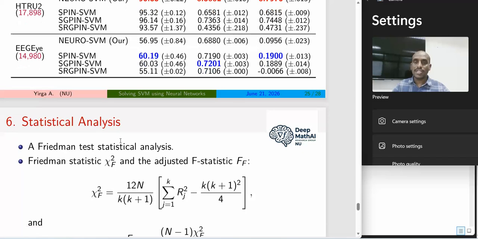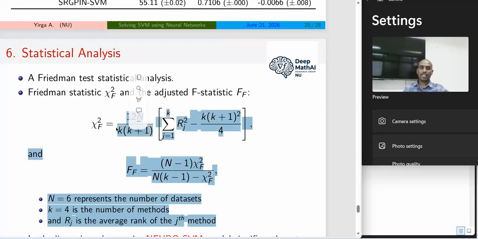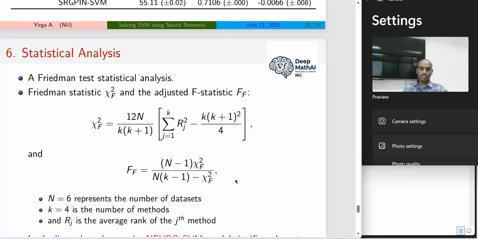To show the statistical significance of the difference, we performed a statistical analysis using the Friedman test. This is the formula for the Friedman test, followed by the Nemenyi post hoc analysis.